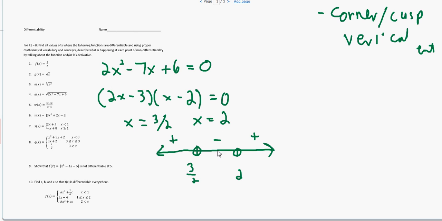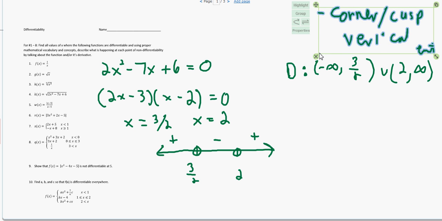It's not positive between 3 halves and 2, meaning all the numbers between 3 halves and 2 are not in our domain. 3 halves and 2 themselves are in our domain because that would make this thing 0, and the square root of 0 is just 0. So the first thing we know now is the domain of our function is from negative infinity to 3 halves union with 2 to infinity.